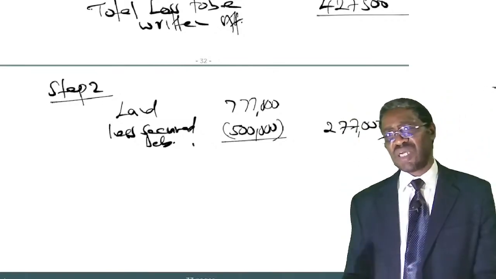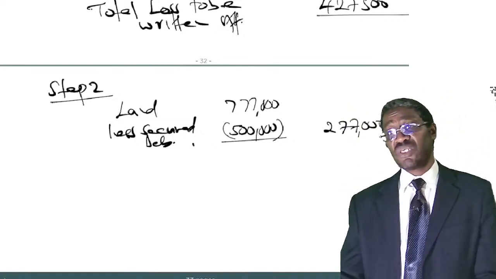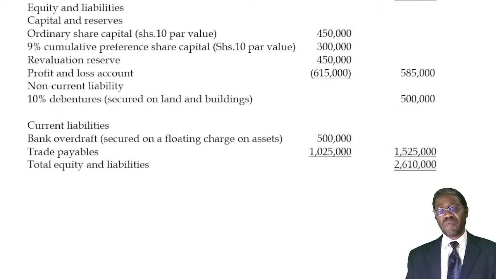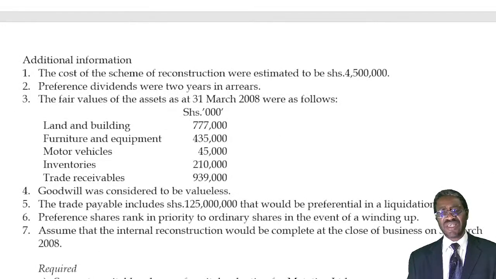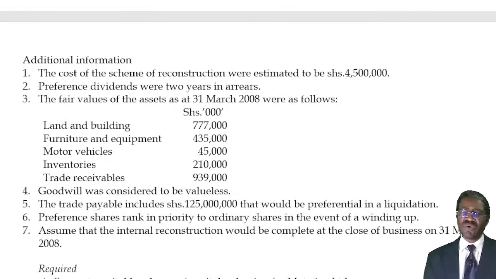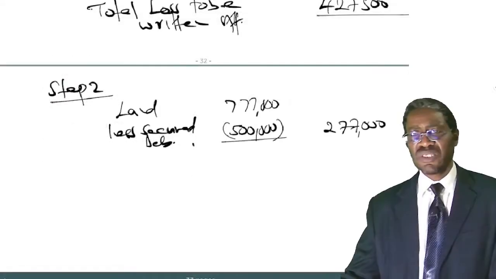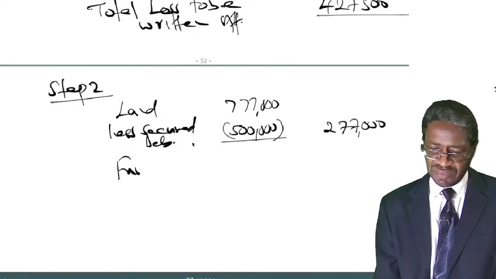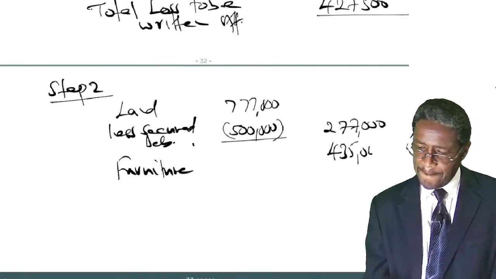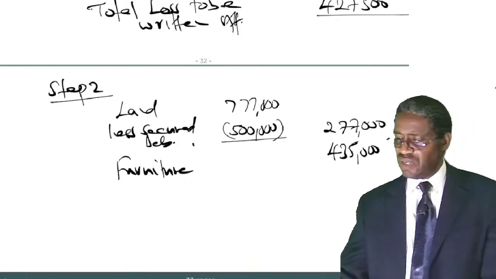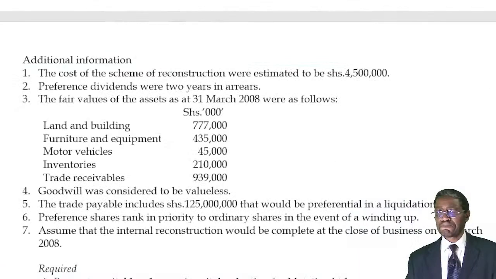There was no other asset which was used as security. It was only land. So we go back to note number 3 and we pick the other assets. In case they are sold, they will realize how much. We have already seen land will give us 277 net. Now we go to furniture, 435. After furniture, we go to the next one, motor vehicle, 45.